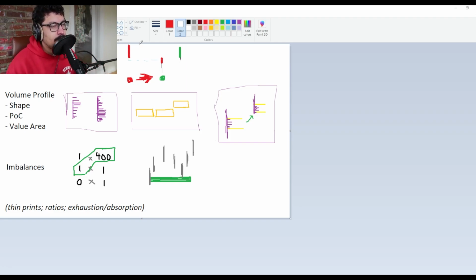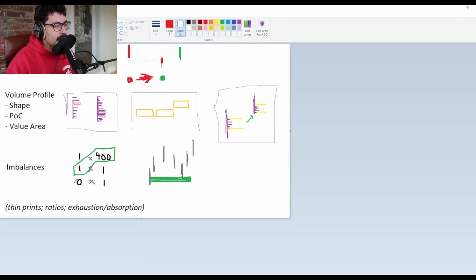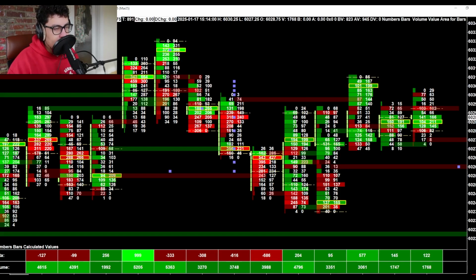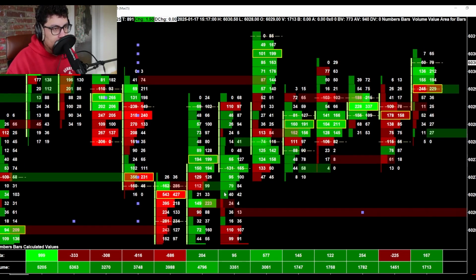Sorry, another tangent. Imbalances. So this is a beautiful representation of the order flow ladder. This side is bid, this side is ask. You read it diagonally like this, up and to the right from the left side, or down and to the left from the right side.